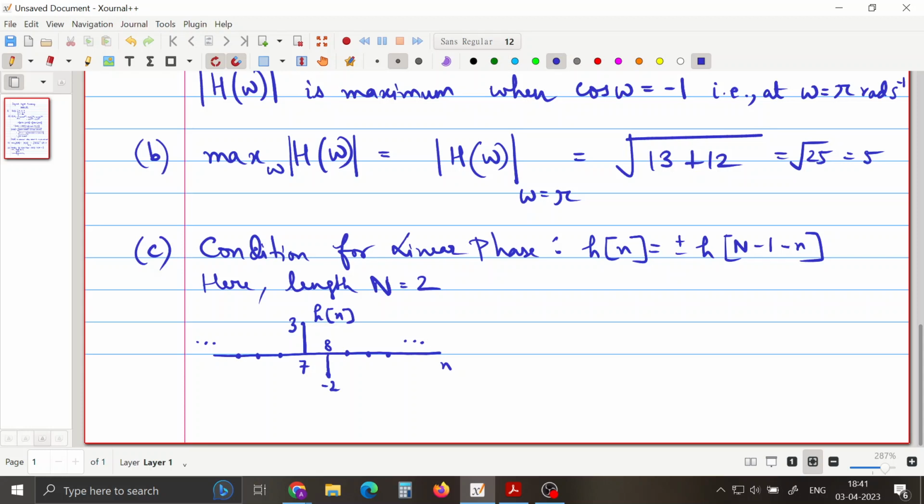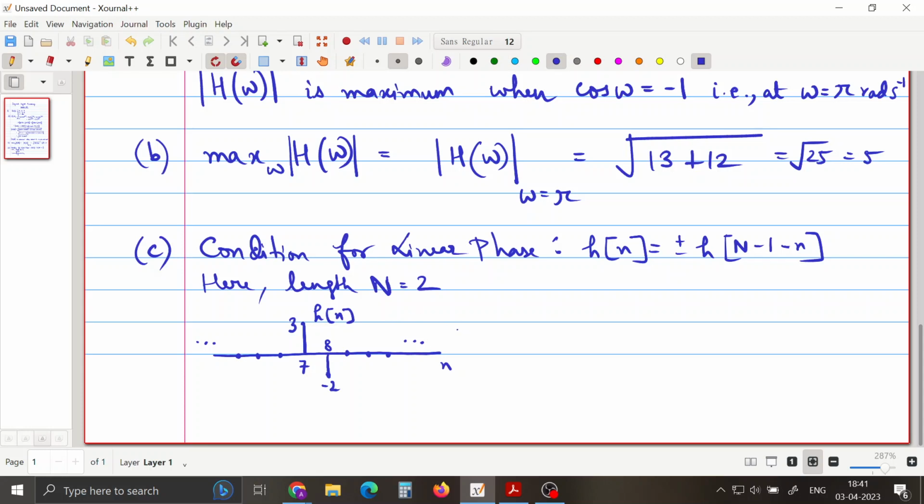And for type 4, odd symmetry and even length. So at least they have either an even or an odd symmetry. But if you look at this impulse response, does it have any kind of symmetry? The answer is clearly no. There is no symmetry, so it doesn't belong to the class of linear phase FIR filters. So it's definitely not a linear phase system.